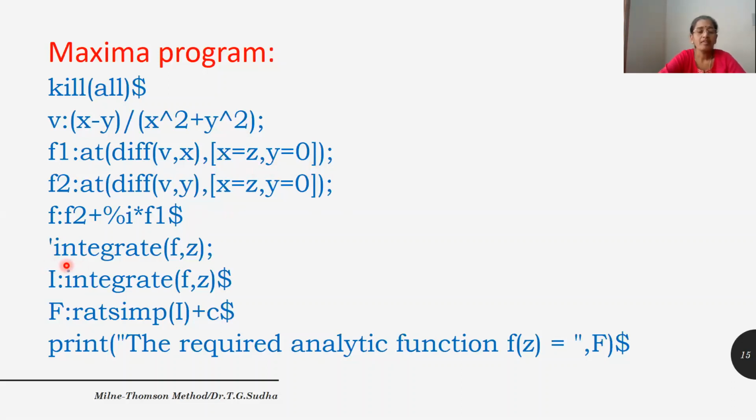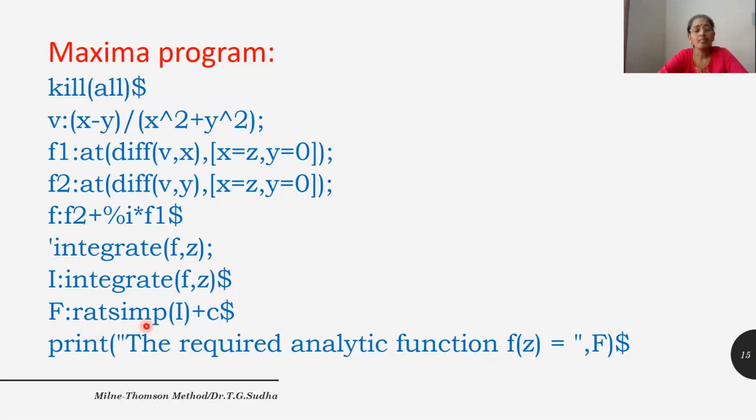Here one command we are using, that is apostrophe integrate f comma z. This is just a command which returns a non-evaluated integral. This is only to beautify our output. So the actual integration is done when we remove this apostrophe. So let us use integrate f comma z dollar.